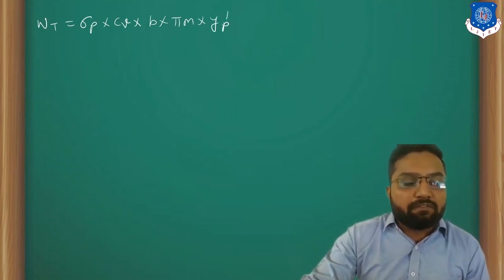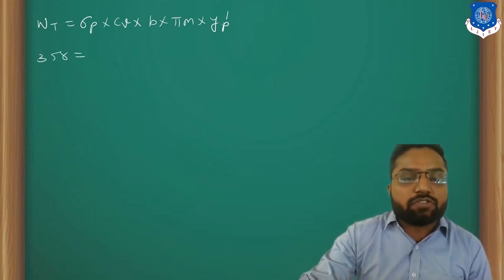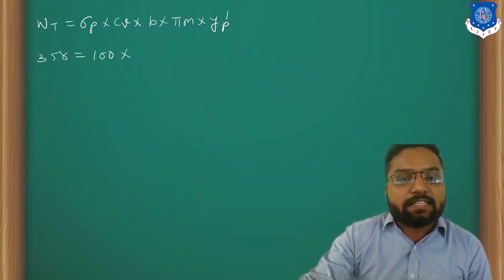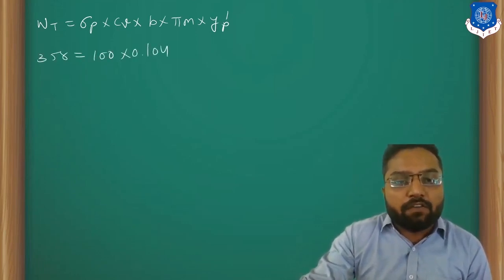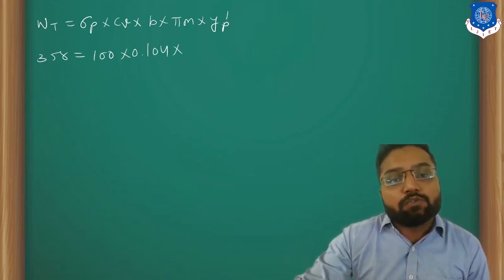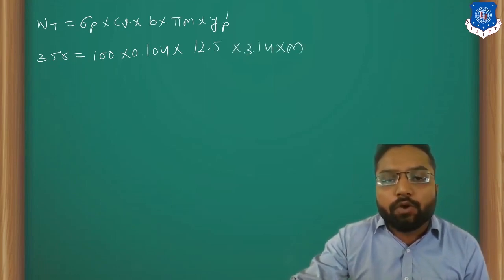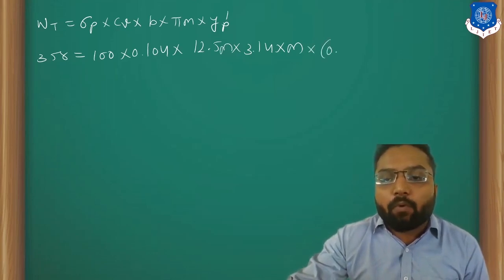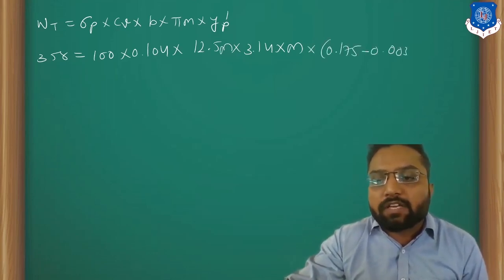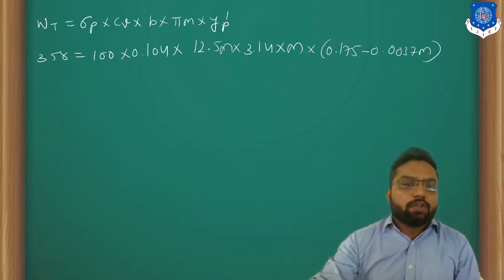So WT we have found is 358, equal to sigma P, which is 100, CV 0.104, into B in terms of module, so 12.5 module, into 3.14 into module, into the bracket 0.175 minus 0.0037 of module.